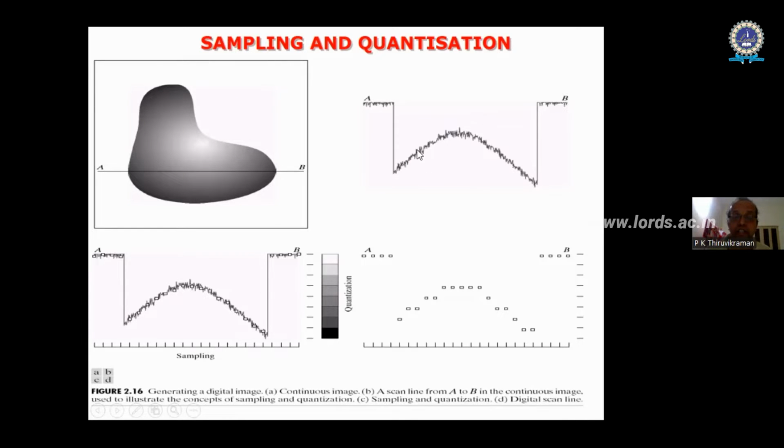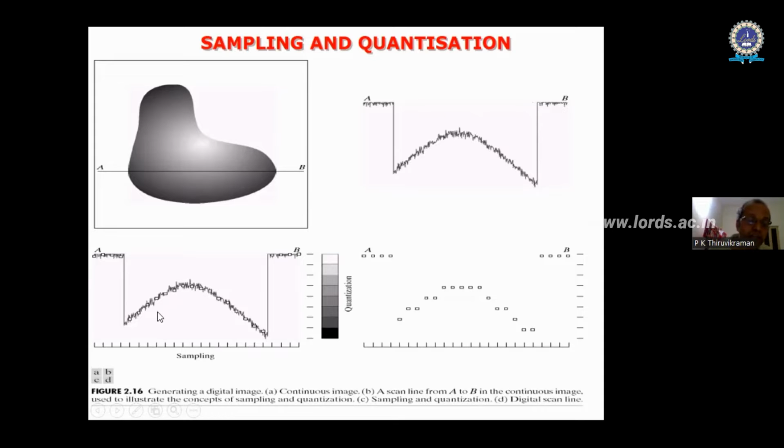Then again it starts rising. You can see that there's a variation in intensity within this object as you move from A to B. So that is what is shown, and this random variation is basically noise. You can see some random variation superimposed on the variation which is present. So this is due to noise in the imaging system. Fine, and then you have reached B at this point.